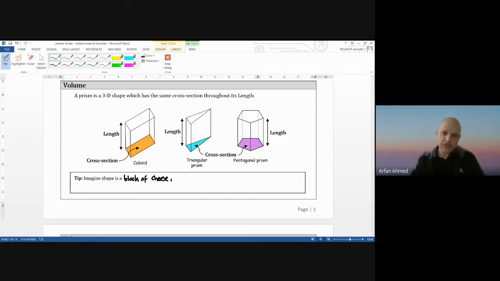So technically the cross section has to be the same shape that goes throughout the 3D shape. You just have to figure out which bit is the cross section first for these 3D shapes, and it's quite important in understanding how to work out the volume. So imagine the shape is a block of cheese, and the cross section is a slice where every slice is the same.